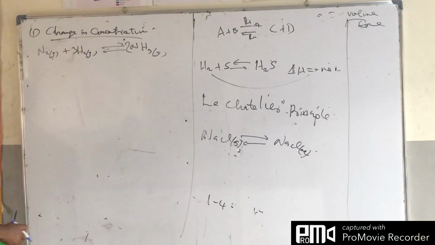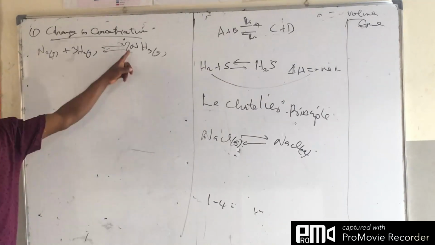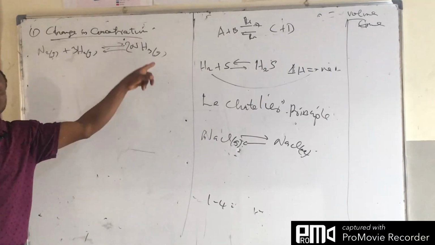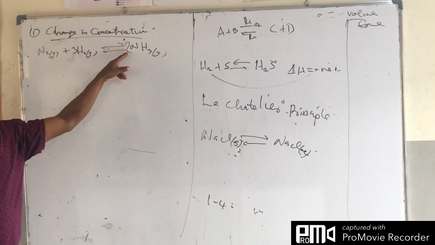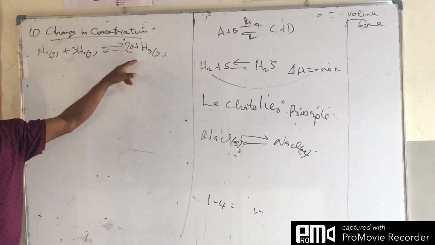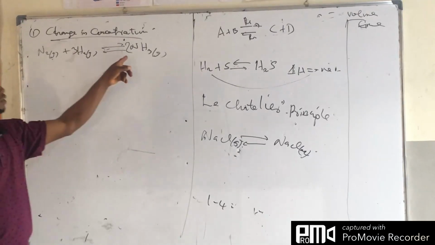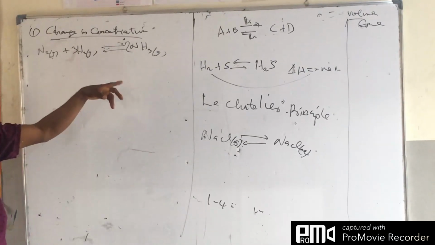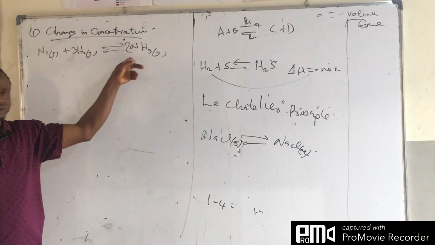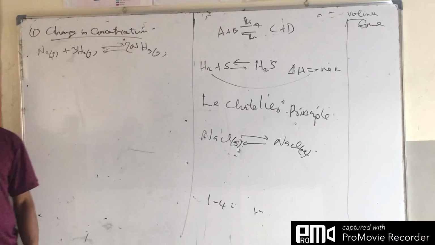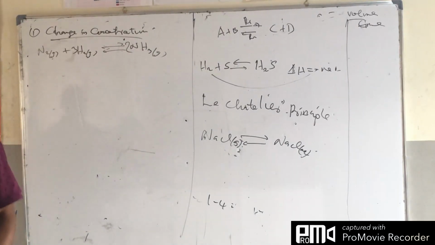What will be the effect of removing the ammonia from this reaction? Assume it is done in an open system. You can never achieve equilibrium in an open system. It must be in what? A closed system. But assuming it's open, as ammonia is formed, it is being removed. What will be the effect on the system? Which side will it favor?